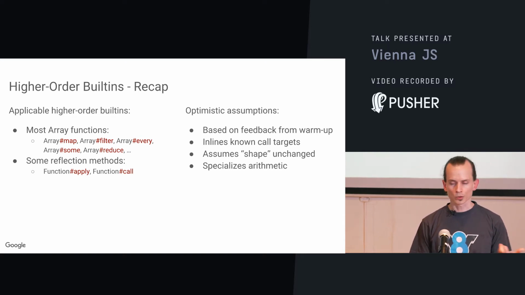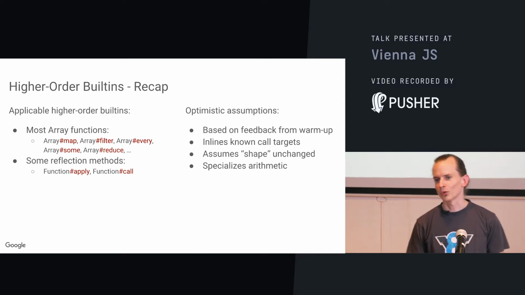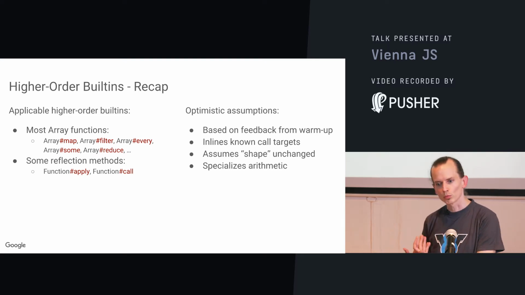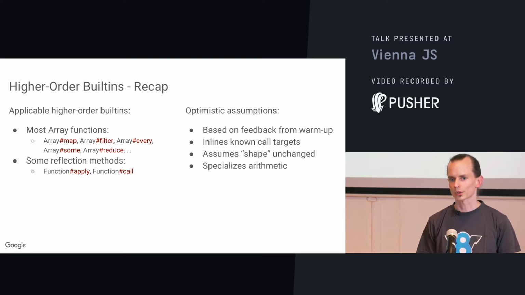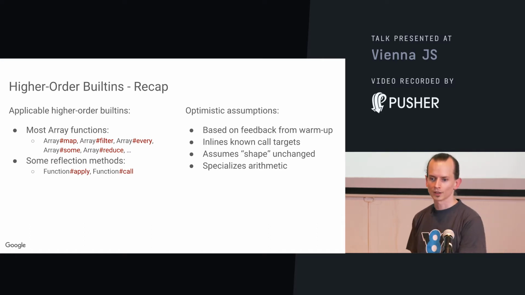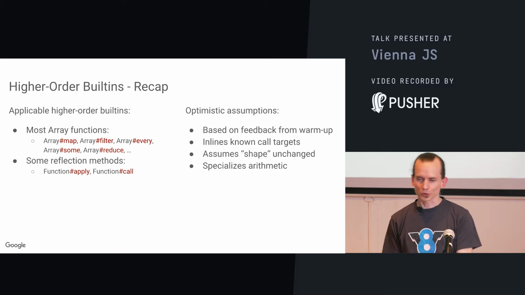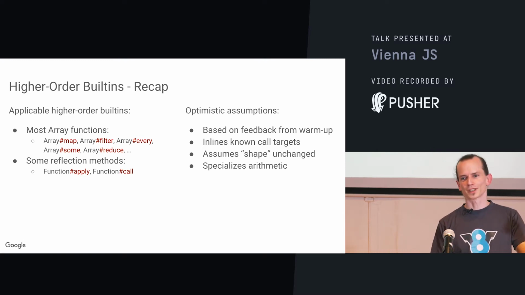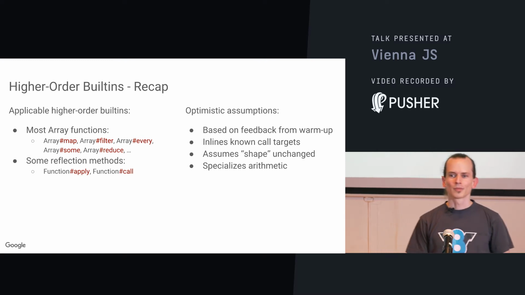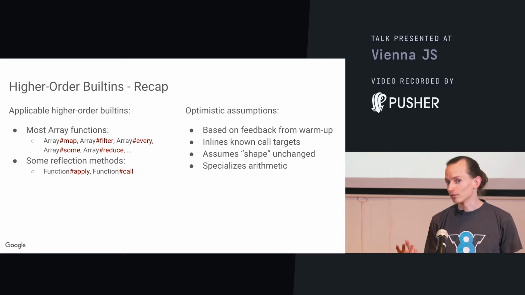And also we specialize the arithmetic. So if most of the time you perform integer arithmetic, we learn from that and see, oh, we can produce better machine instructions. If then once in a while you throw a NaN in there or a double number just to spice things up, then we need to deoptimize again and learn from that. That doesn't mean you cannot mix doubles and numbers.